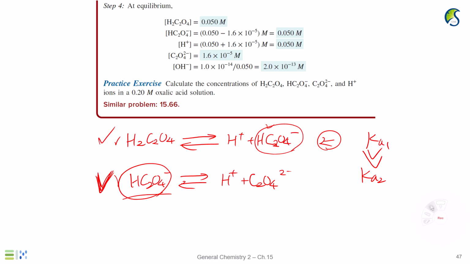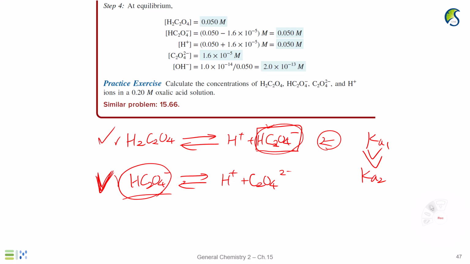So you can just assume that the concentration of this HC2O4 minus is barely changed. So the influence of this concentration change on the equilibrium position for the first reaction is not that huge, right?